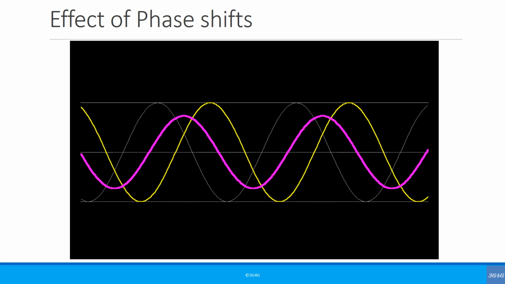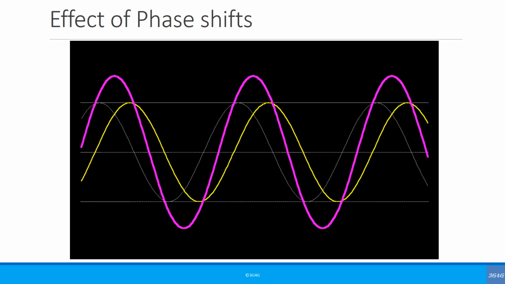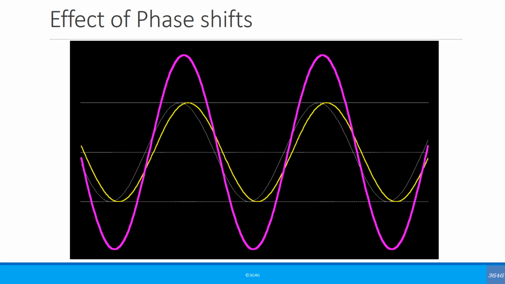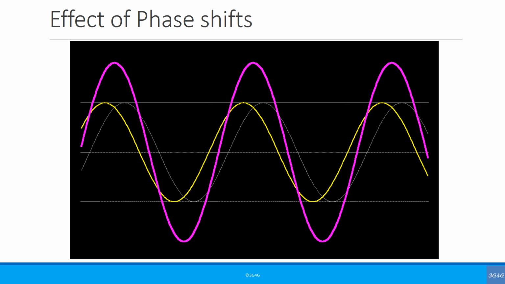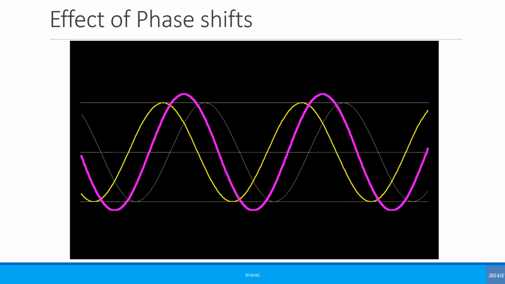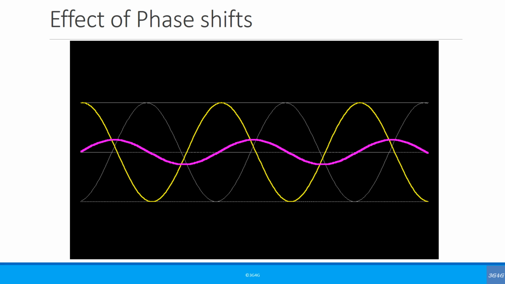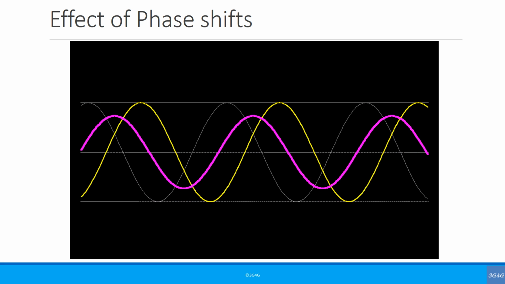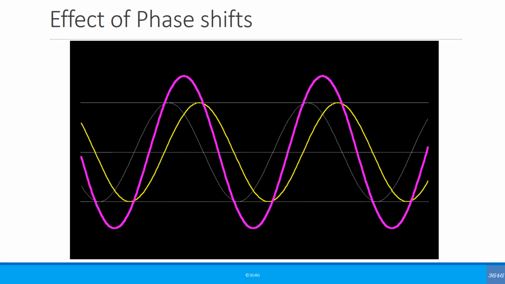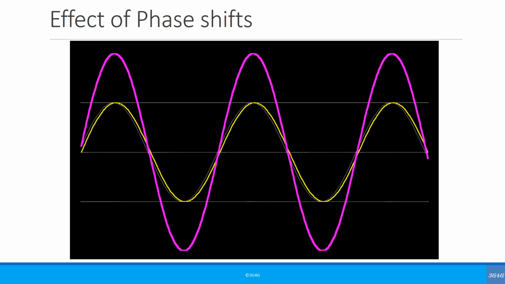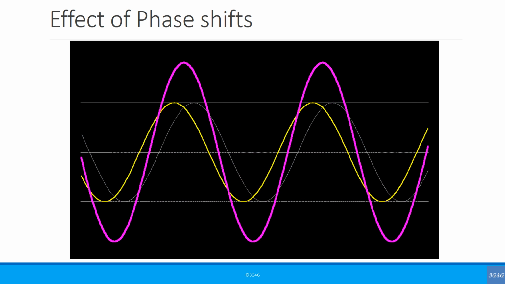So you have to remember these things. And the mobile phones have to be designed in such a way that when you have these multiple waves coming out of phase, they don't cancel each other but they add to each other. This is again another complex topic which we are not going to look at in this particular video.